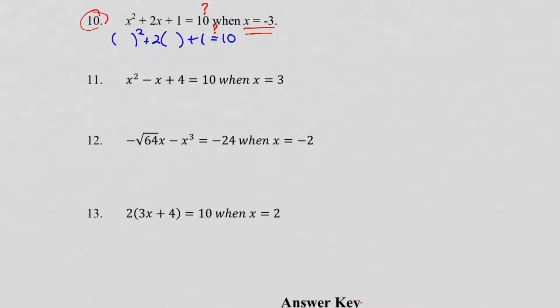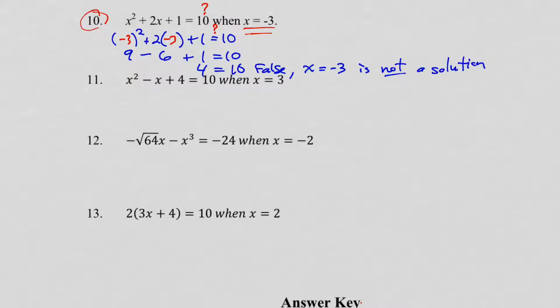So -3 in both spots. So that's positive 9 minus 6 plus 1. 9 minus 6 is 3, and 3 plus 1 is 4, so that is false. So x equals -3 is not a solution.